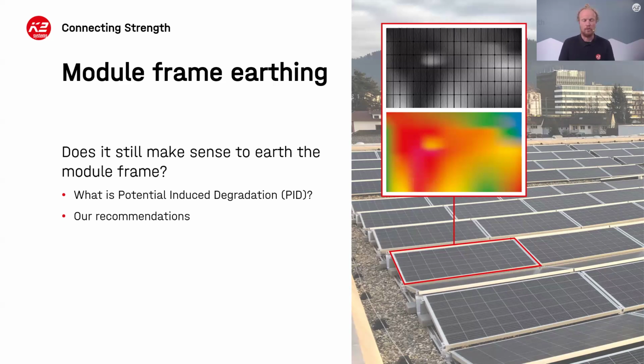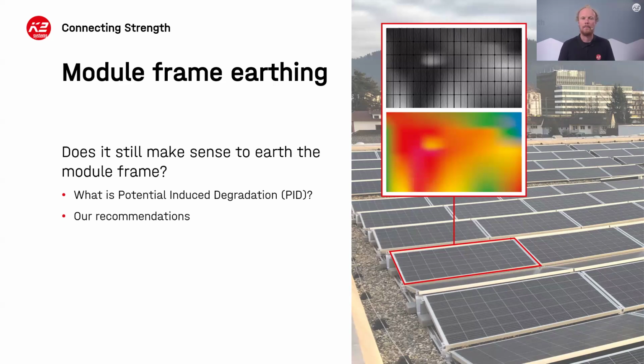And to take that further, for systems above 1,000 volts, it can be really important for the modules themselves to be earthed as part of their functionality. Most systems today are usually between 1,000 and 1,500 volts in how they operate.